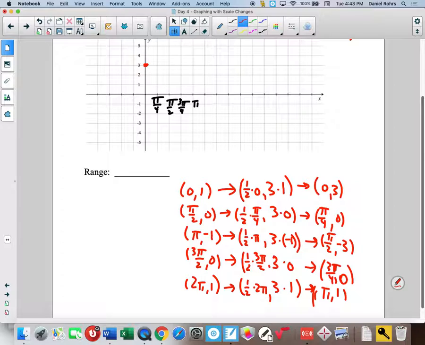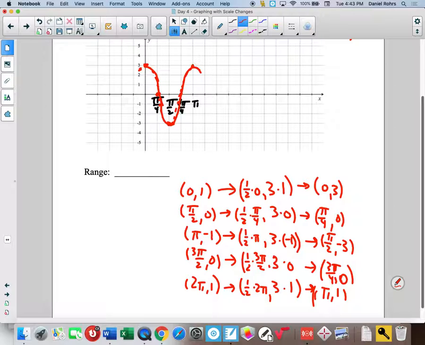And so what I've got is 0, 3; pi over 4, 0; pi over 2, negative 3; 3 pi over 4, 0; and pi, 3. And so what I have is this graph, and this is what we call one cycle of this graph, and it continues on in that fashion.